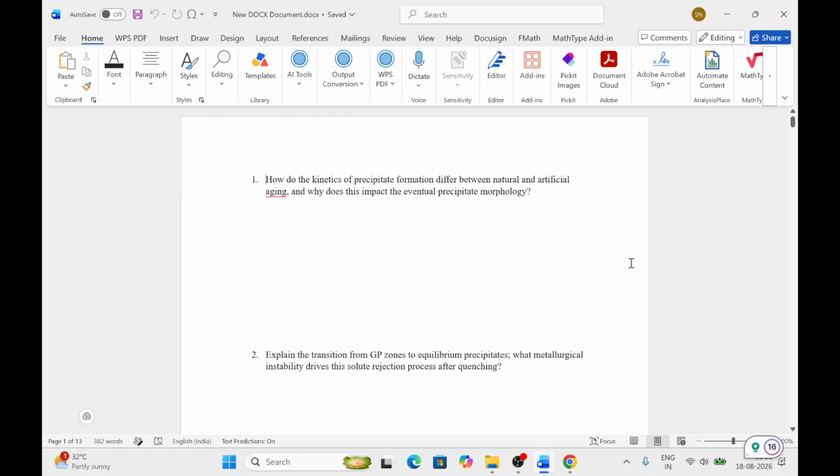So first question is, how do the kinetics of precipitate formation differ between natural and artificial aging, and why does this impact the eventual precipitate morphology?